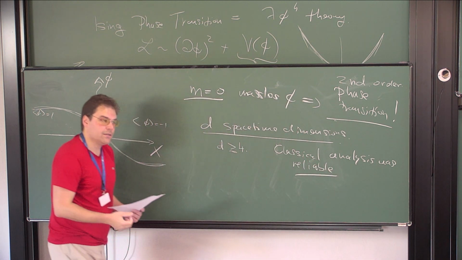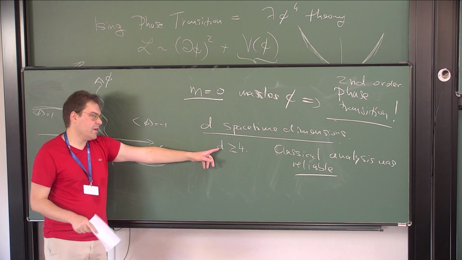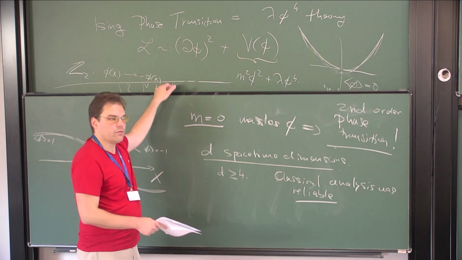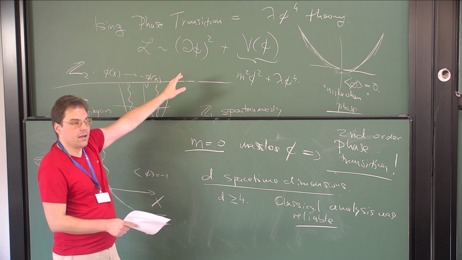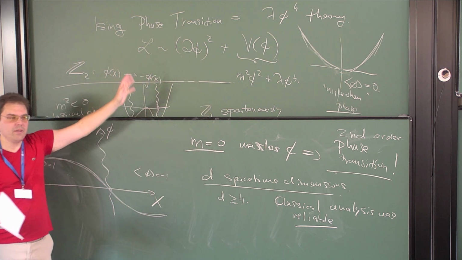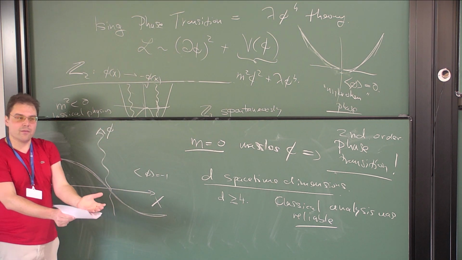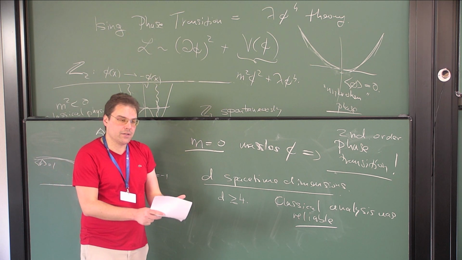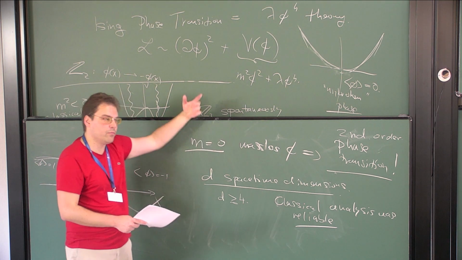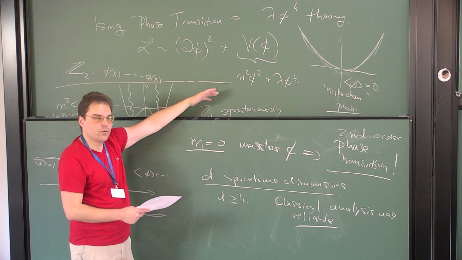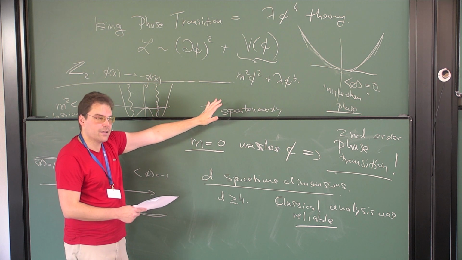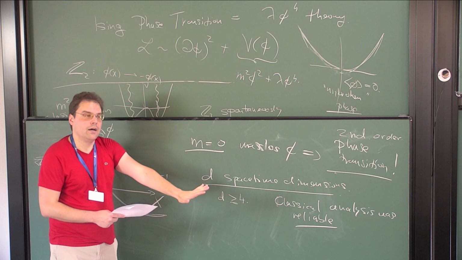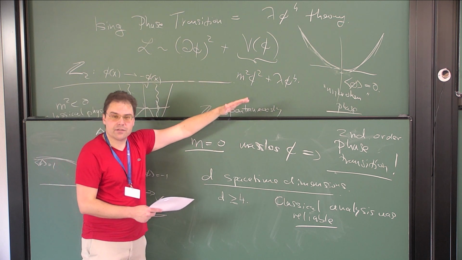And the reason for that is that in more than 4 dimensions, this theory is not renormalizable. And therefore, even though it has terrible UV behavior, it's weakly coupled and very simple in the infrared. The fact that it's weakly coupled in the infrared means that even if you compute, for example, loop corrections in the classical analysis, they will be parametrically small. And they could not qualitatively change this picture.